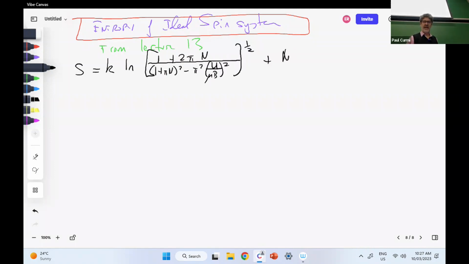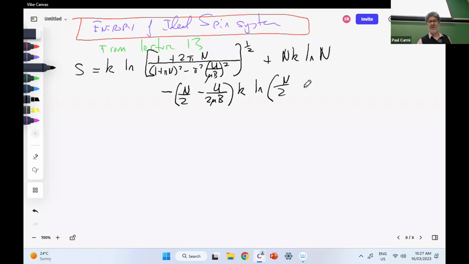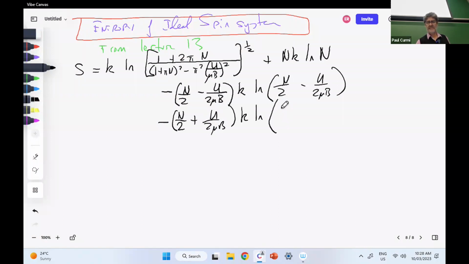Plus Nk ln N. But the magic happens from these two terms, minus N/2 minus the energy over 2 mu B, that's the steps in energy as spins flip. k ln the same thing, N/2 minus U/2 mu B. Then I get another term which is exactly the same, but with plus signs, plus U/2 mu B.